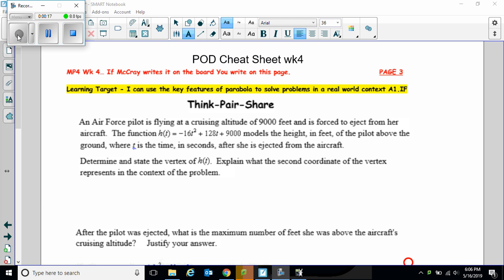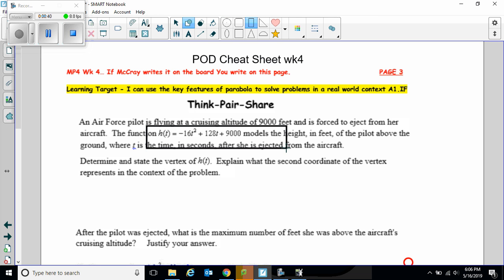So our next problem, we see that we have an Air Force pilot flying at a cruising altitude of 9,000 feet. And the function that models their particular ejection from the aircraft can be seen in the following equation that I'm highlighting.